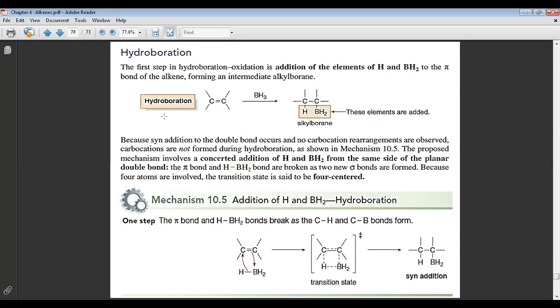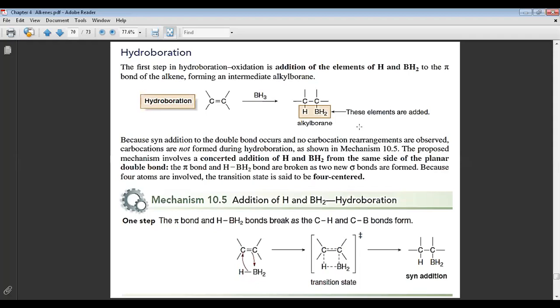Of course, this is related to stereochemistry. But for understanding how the BH3 will be added to the double bond, because it is so important for the next step, that means the BH3 will come from the same side of the double bond.